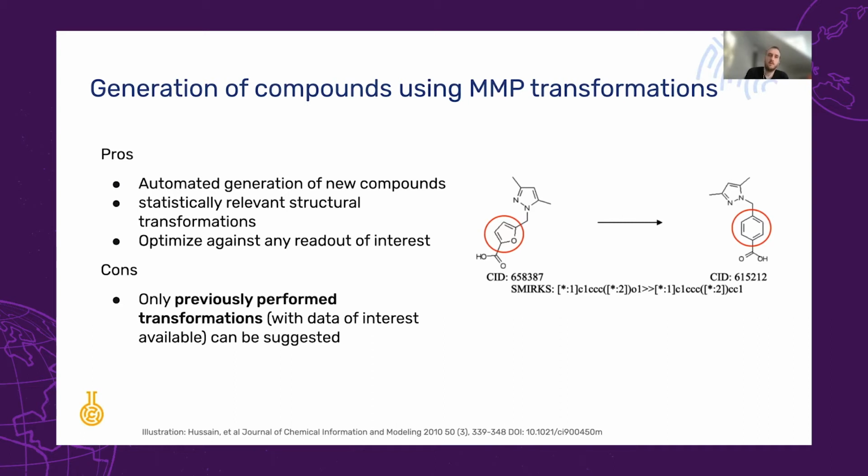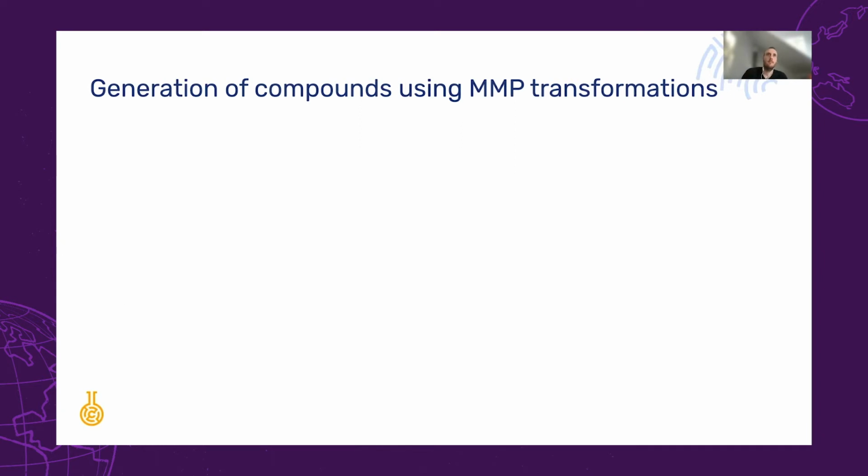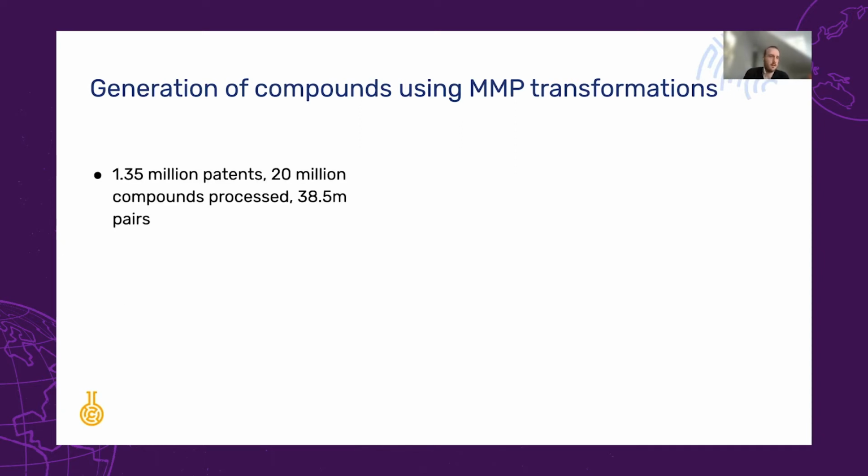So we thought about how to use MMP transformations as a way to suggest compounds within Design Hub. There is a really interesting data set, the Schur-Campbell data set, which is an automatically extracted list of about 20 million compounds pulled out from exemplified structures in patents. It has about 1.3 million patents and about 20 million compounds right now.